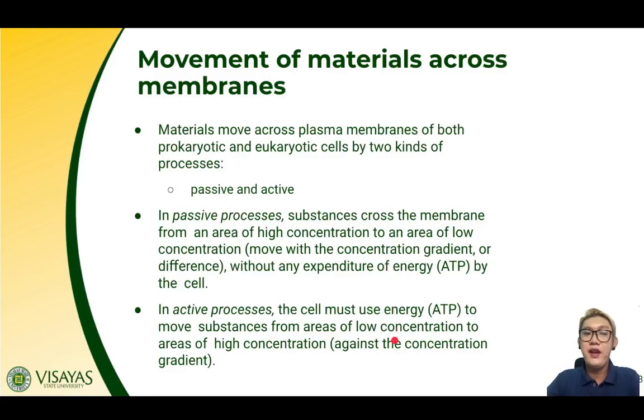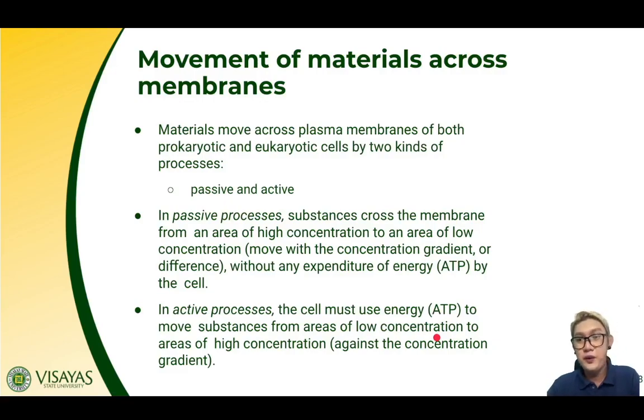However, in active processes, this is a movement against a concentration gradient. It is not going with the flow, but going against the flow. So you need to spend energy, just like when you are swimming in the river or in the ocean.